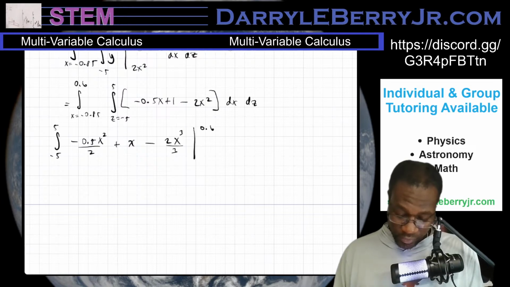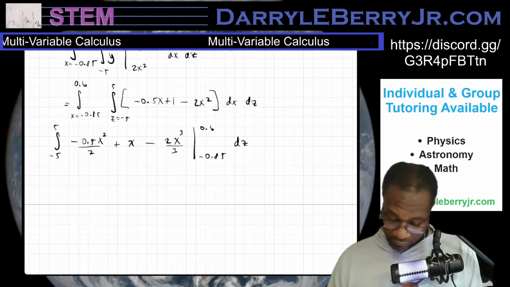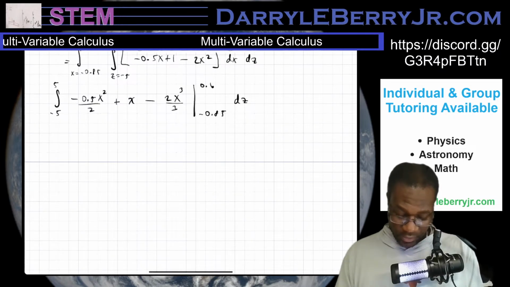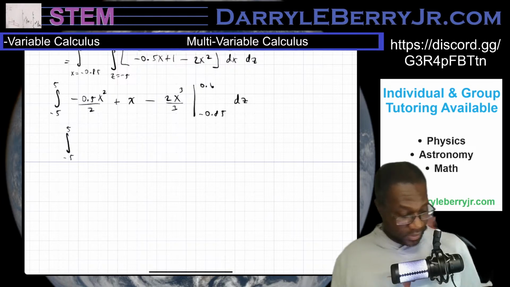And we're going from 0.6 to negative 0.85. We still have dz left, so we have -5 to 5.